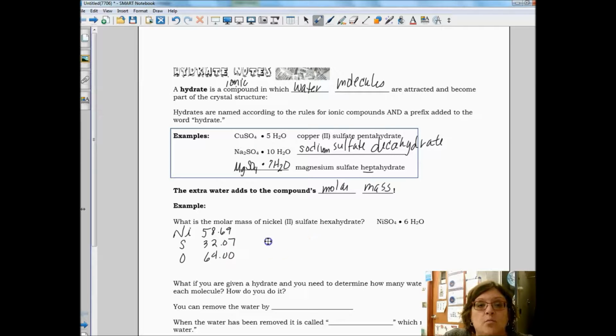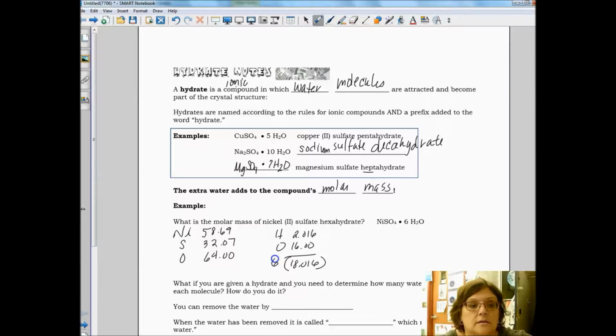And then we have 6 waters. Water, of course, you have 2 hydrogens, so 2.016, and 1 oxygen, 16. And we would multiply that by 6, and that would be what we would add into our molar mass.